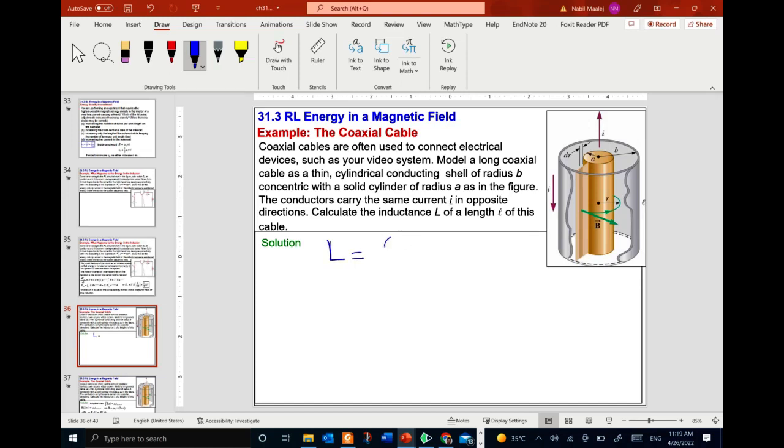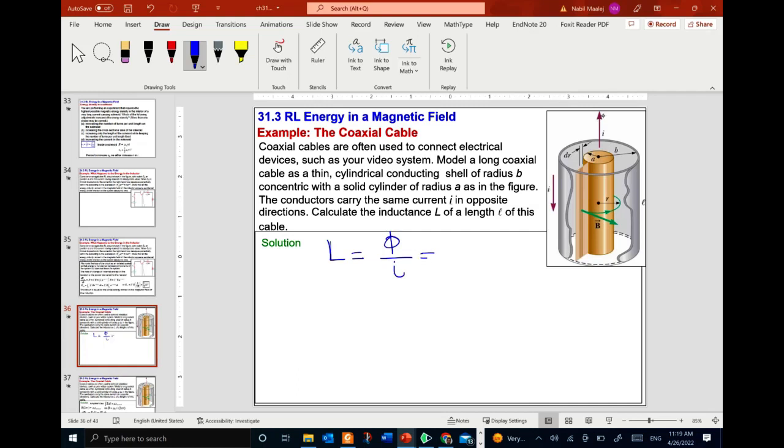So in this case it's Phi, the flux, divided by the current I. And so we need to determine what is the flux through here. So we want to calculate the inductance, so we're going to determine the flux in this case.